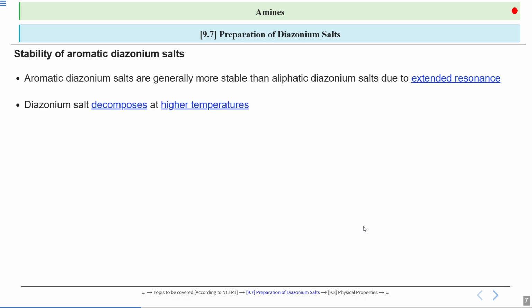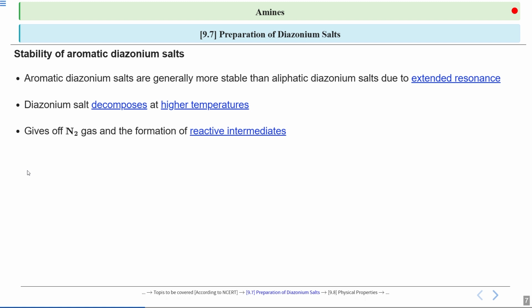However, even though these aromatic diazonium salts are more stable, they can still decompose if the temperature gets high enough. When we heat these salts, they start to break down. When a diazonium salt decomposes, it releases nitrogen gas, which is N2 gas.